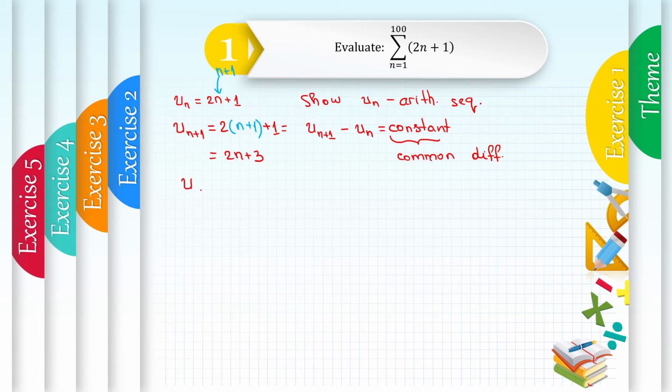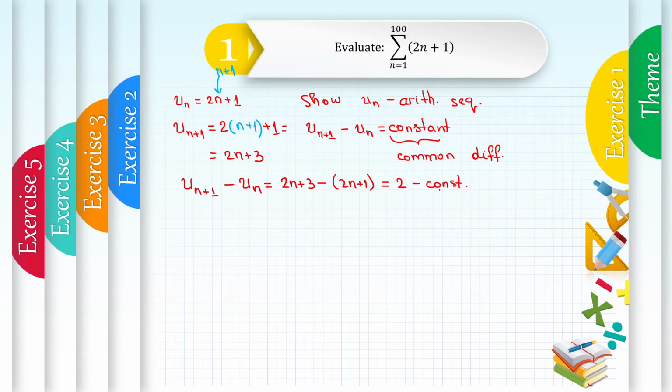Next, let's find the difference between u sub n plus 1 and u sub n, which is equal to 2n plus 3 minus (2n plus 1), which gives us 2, and it is a constant.